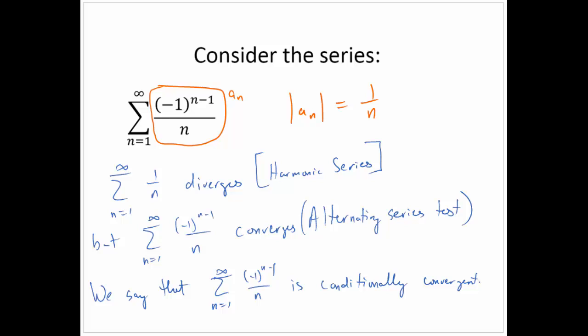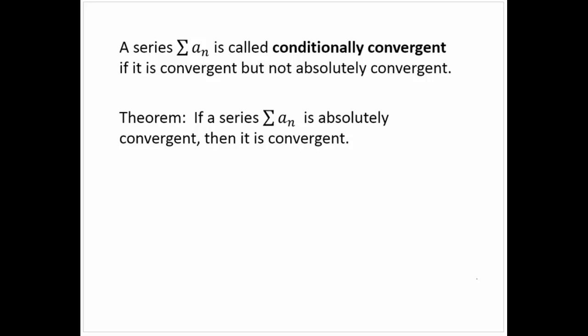That's called absolutely convergent. In this case, when we took the absolute value, we did not get a converging series, so it's not absolutely convergent. However, the original series, without the absolute value, did converge using some other test, and when that happens, we get a conditionally convergent series. So a series, sigma a sub n, is called conditionally convergent if it is convergent but not absolutely convergent.